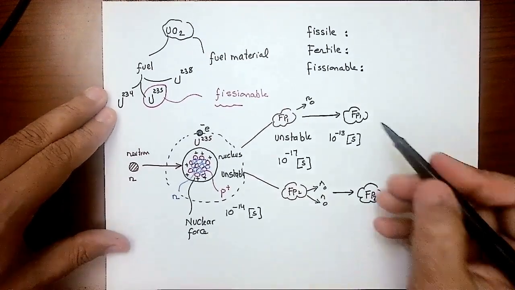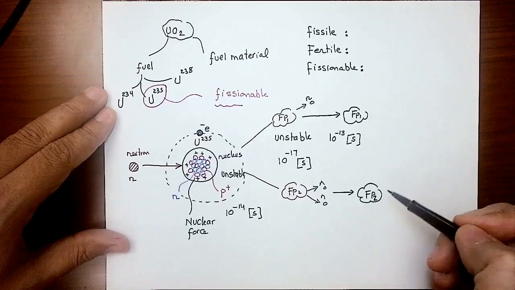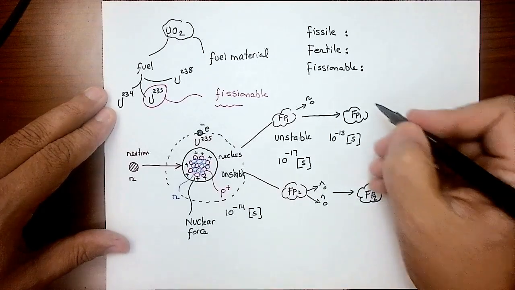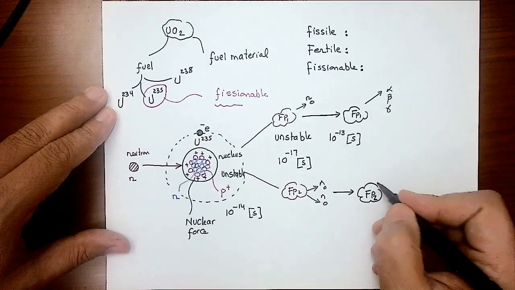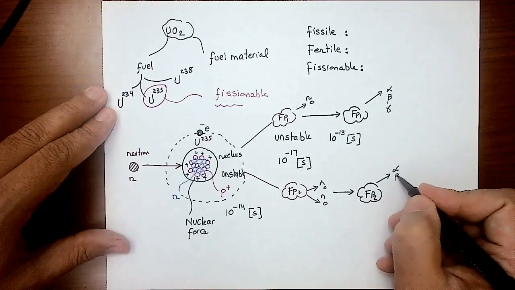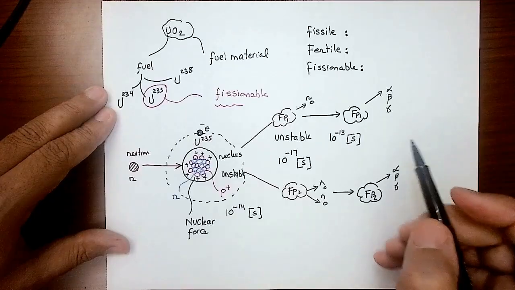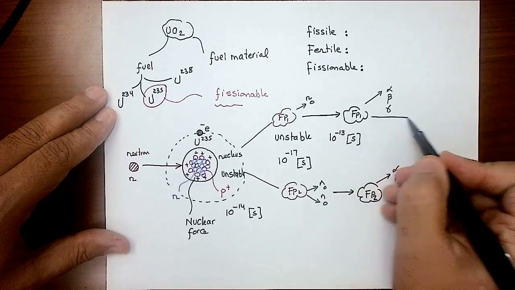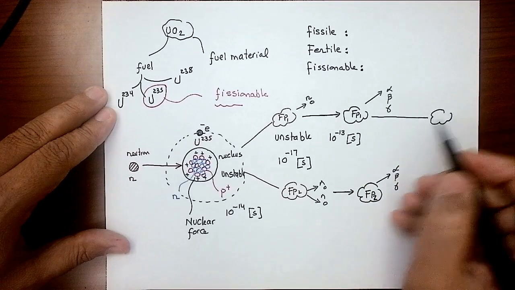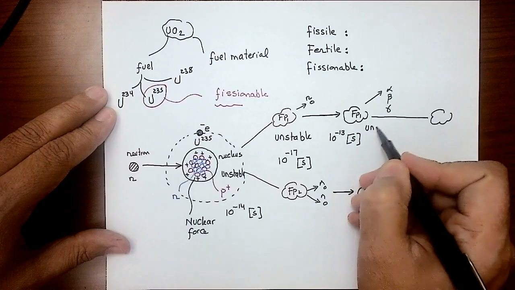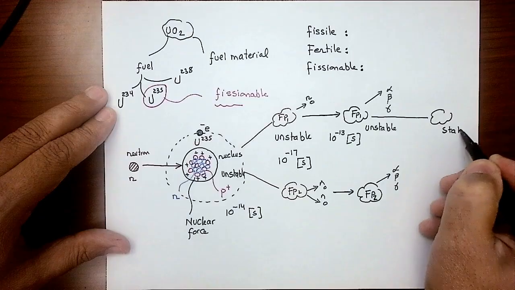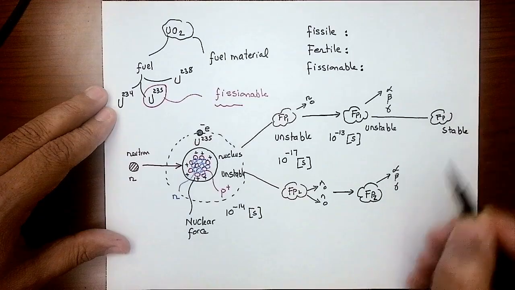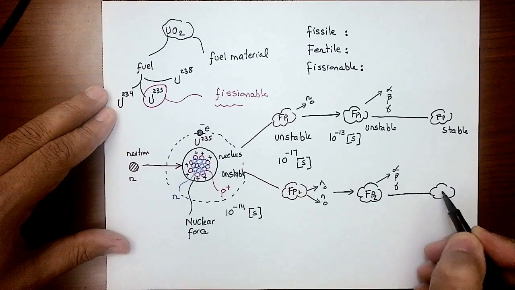So now these are not fully unstable, but they are partially unstable. What they're trying to do is start emitting alpha, beta, or gamma particles to reach the final stable condition. So that's still unstable. Now we reach the stable fission product 1 and stable fission product 2.